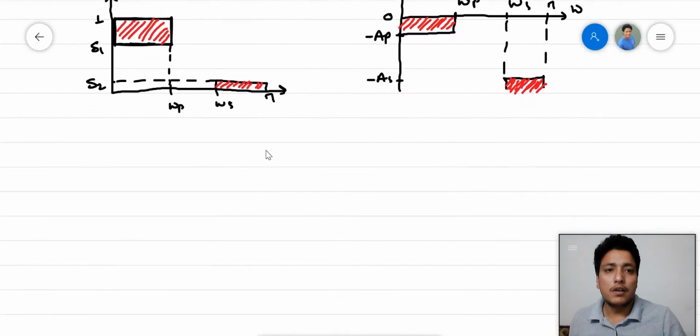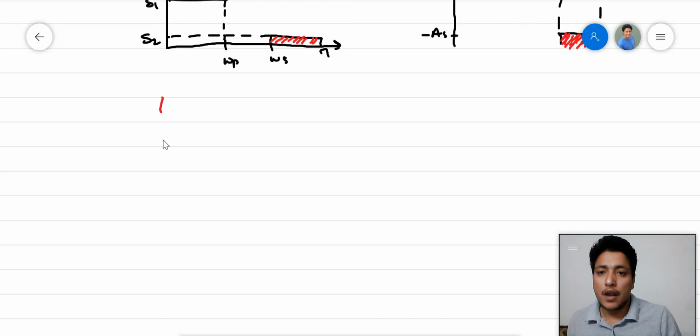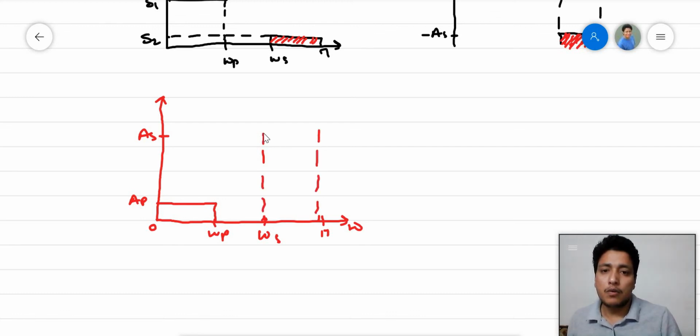If we want to plot the similar characteristics for attenuation, then it will start from 0, and this is omega, this is pi, this one is omega S, then we have omega P. At omega P, minimum attenuation with the AP, and then there is a value of AS here, and it will be like this, and then it goes to infinity.